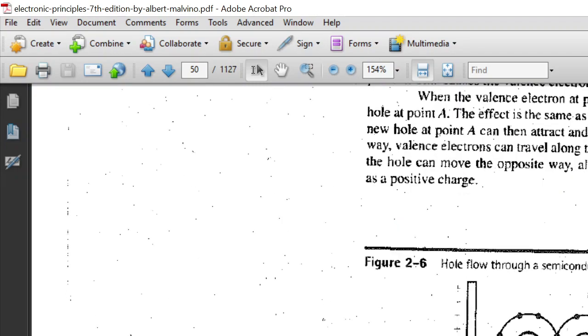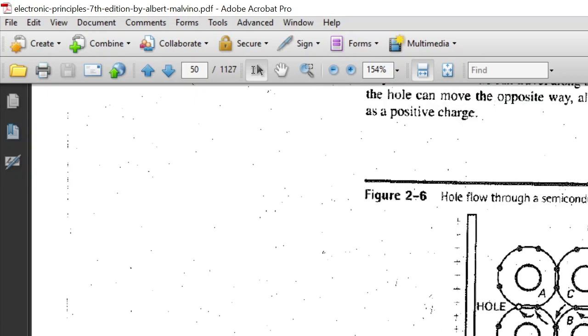However, one thing to remember is that this free electron flows from this position to this position and gets into the conductor. Suppose there is an outside wire here, then this free electron can go inside the conductor. However, the hole cannot leave the silicon crystal.